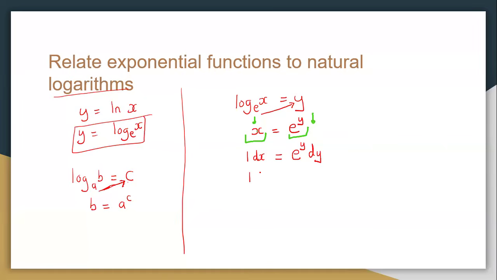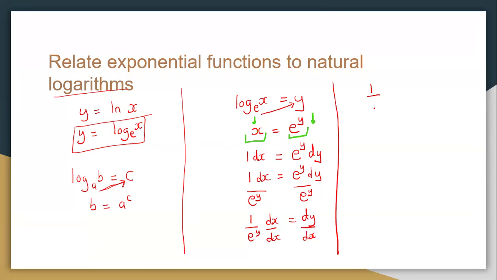Now this is the same as 1 dx is equal to e^y dy. But since I'm interested in finding my dy/dx, I'm going to divide this side by e^y. I divide this side by e^y. So I'll have 1 out of e^y dx is equal to dy. But since I want dy/dx, I will divide this side by dx, divide this side by dx. And therefore, I'll end up with 1 out of e^y is equal to dy/dx, which you can easily write as dy/dx is equal to 1 out of e^y.